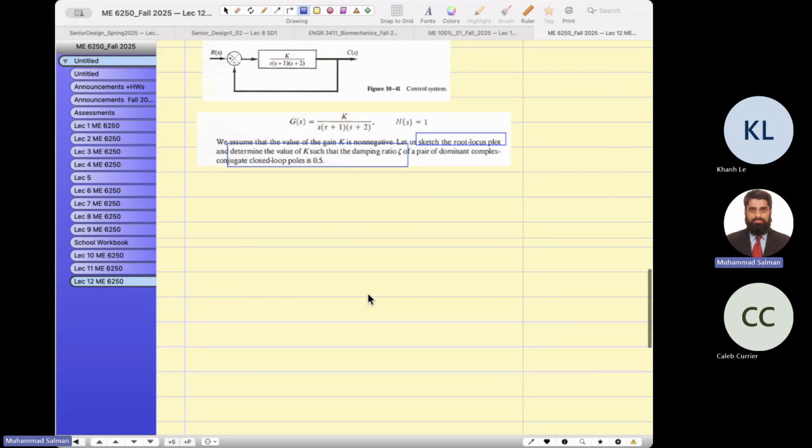So let us draw the root locus. We know that the angle criteria equals plus minus 180 (2k plus 1). Let us start. First of all, I will draw the real and imaginary axis.